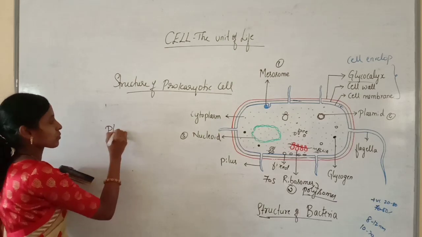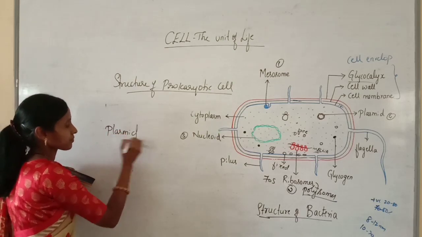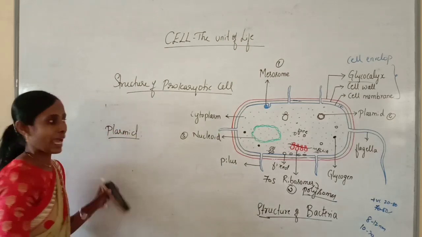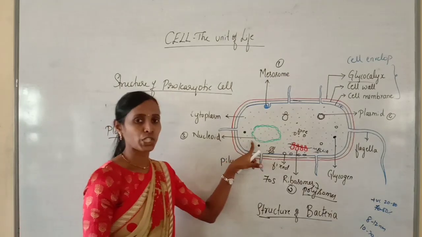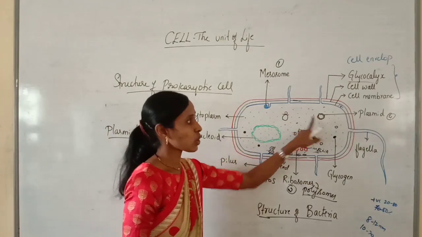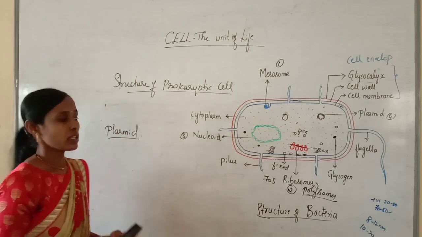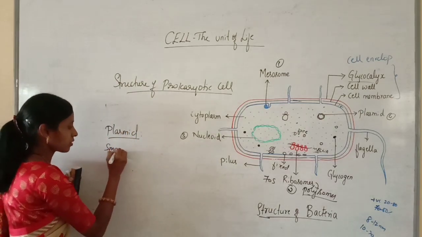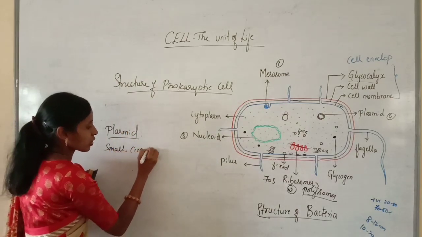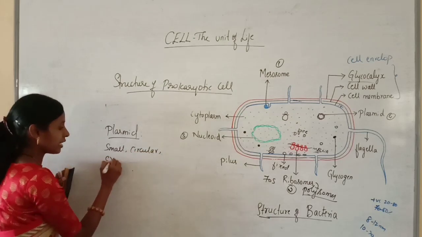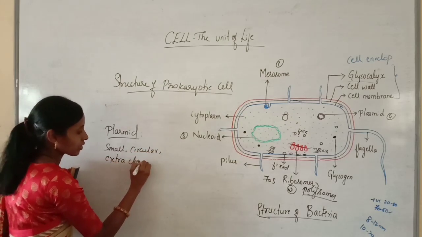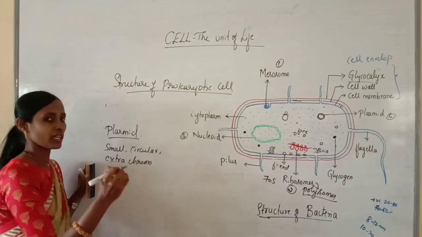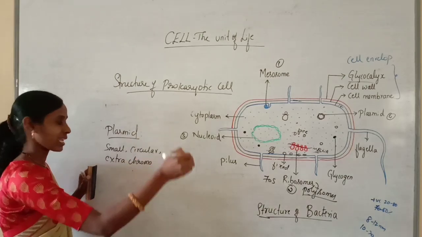So this plasmid is very important. In prokaryotes, in addition to genomic DNA, they also contain a small circular DNA which is extra chromosomal. The definition is important. You will get this plasmid again and again.